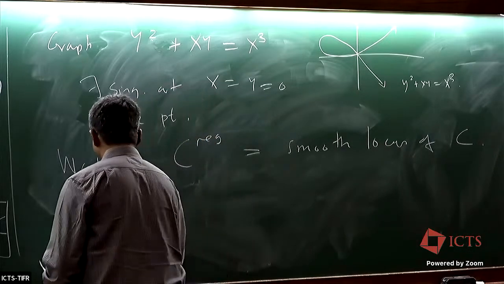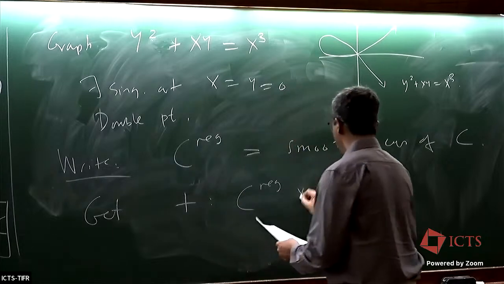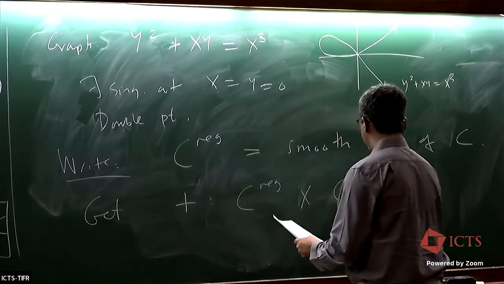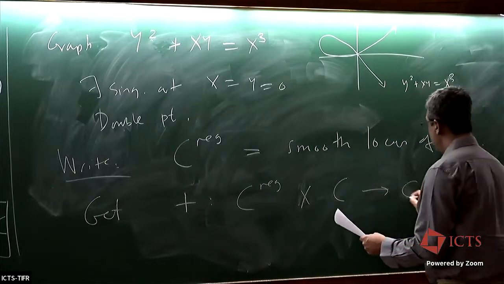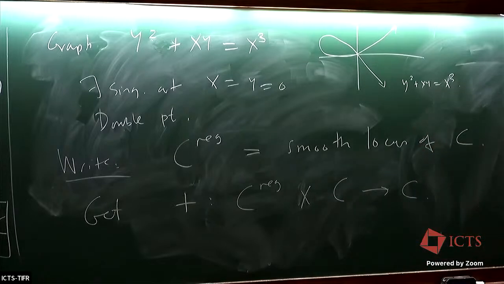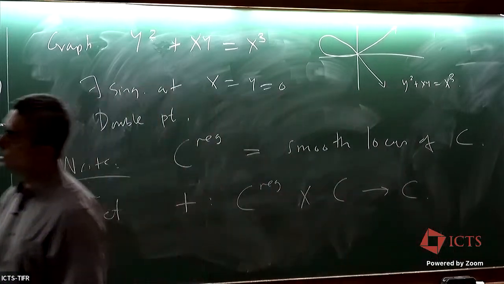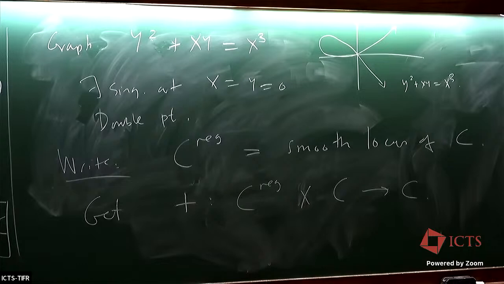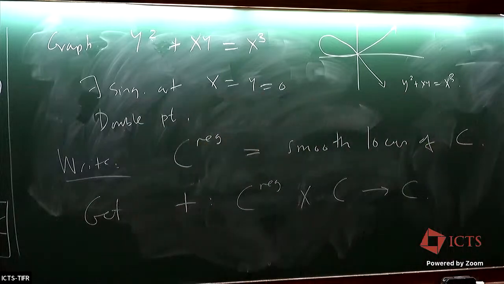And you get an addition operation, you get an action of C reg cross C. You can multiply a root of unity on any one of these P1 points, and wind up with something in P1. Okay, maybe I should not say that. This actually comes from the group law on the Tate curve by taking q equals 0. So this equation here has some group law formulas. And if you just take those formulas with q equals 0, you get an action of C reg on C.